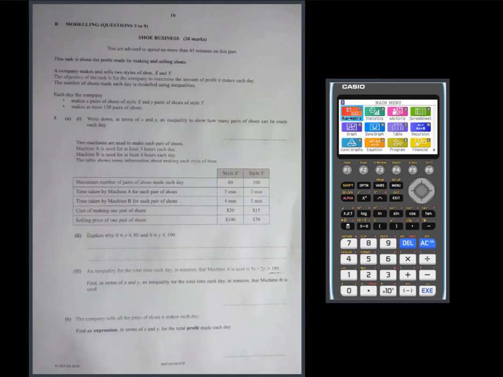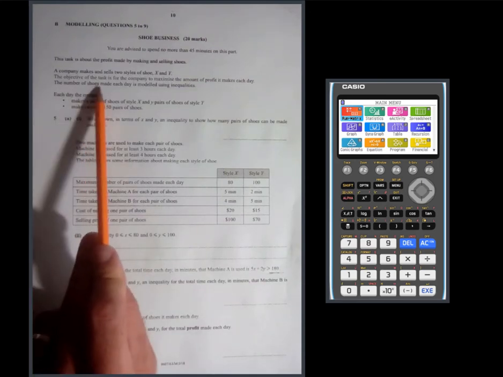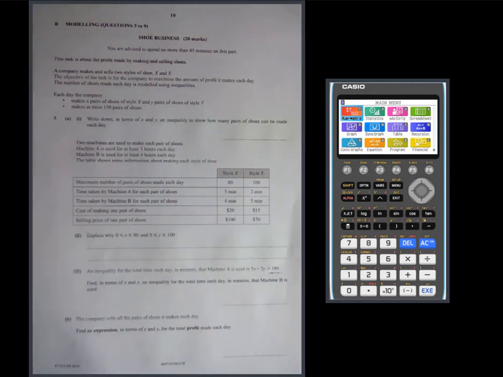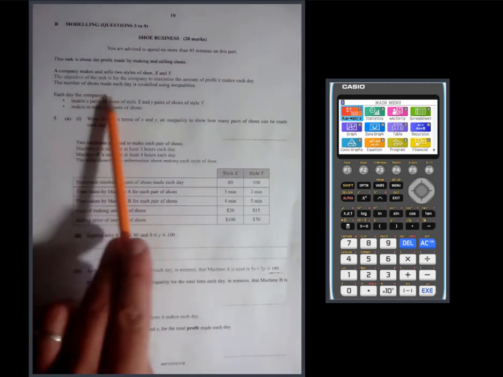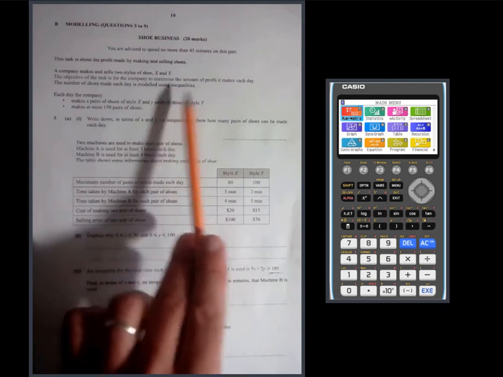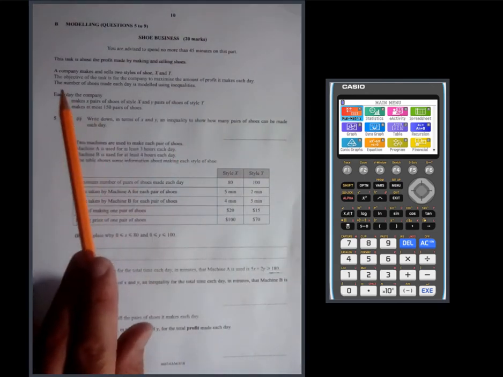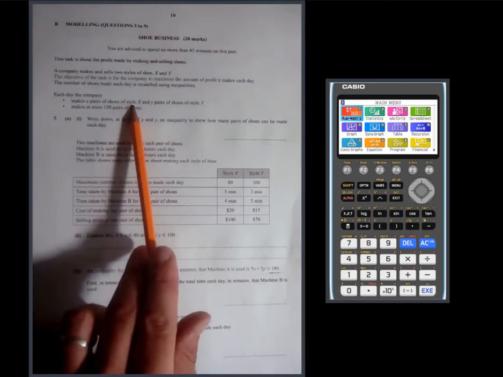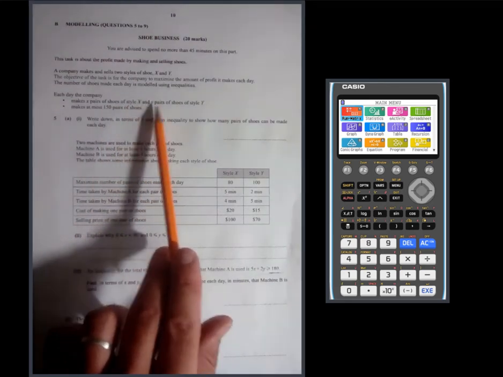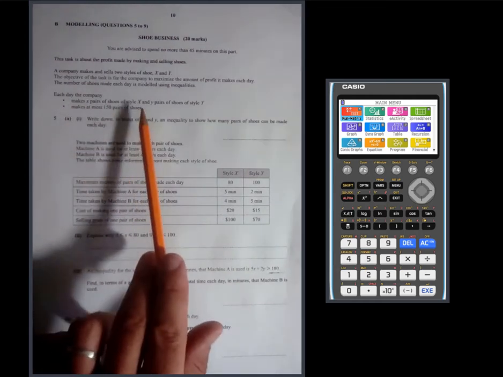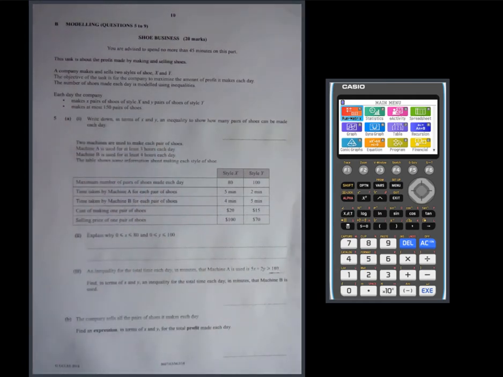A company makes and sells two styles of shoe, X and Y. The objective of the task is for the company to maximize the amount of profit that it makes each day. The number of shoes made each day is modeled using inequalities. Each day, the company makes X pairs of shoes of style X and Y pairs of shoes of style Y. It makes at most 150 pairs of shoes.